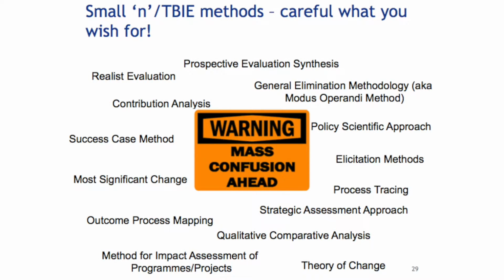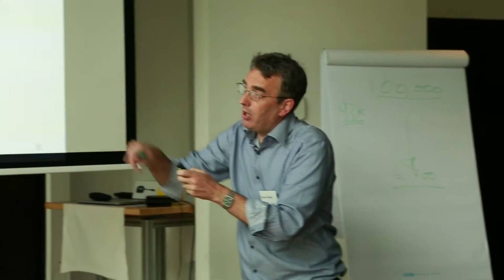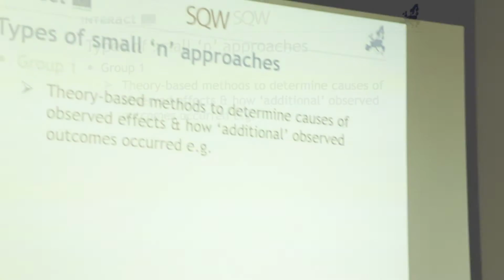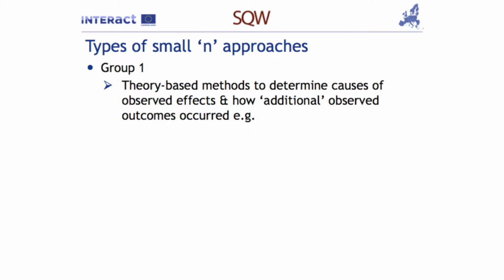To try and break down these TBIE methods that we've just put on the previous diagram, and this is a simplistic approach, there's what I call the group 1 approaches, which essentially are about driving out of a theory of change, which I'll talk to you about in a moment or two, to understand the extent to which what you thought was going to happen in the logic chain and the associated theory of change has actually occurred.